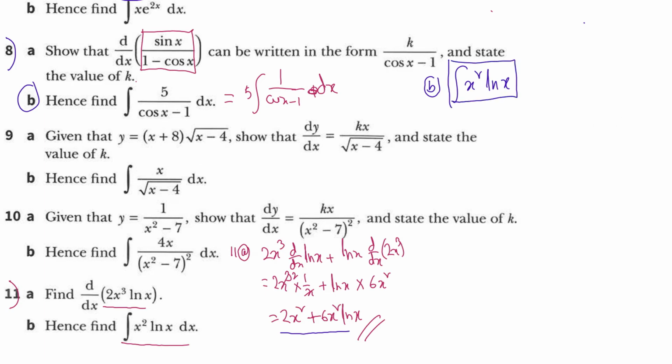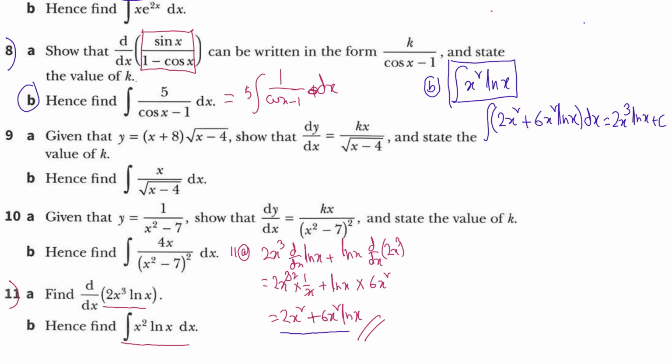So from the answer of the previous question, can we write like this? Integration of 2x square plus 6x square ln x, it is written there. If we integrate this one dx, then definitely we would get from there 2x cube ln x plus c as a constant of integration.